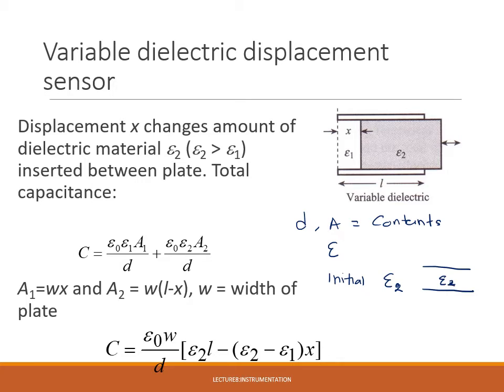But then it moved to the side, only the dielectric material moved to the side. And now it will have a combination of epsilon 1 plus epsilon 2.